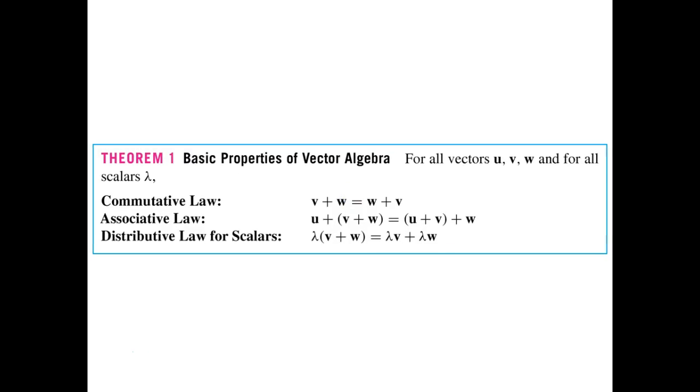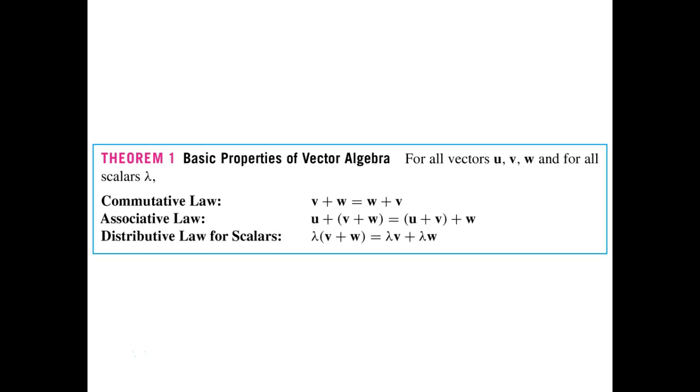Theorem 1 addresses basic properties of vector algebra. So with all vectors U, V, W, for all scalars lambda, now, most books you see, this one uses lambda, which is fine, nothing wrong with that. The commutative law for vector addition, and we showed this with the parallelogram method, okay?